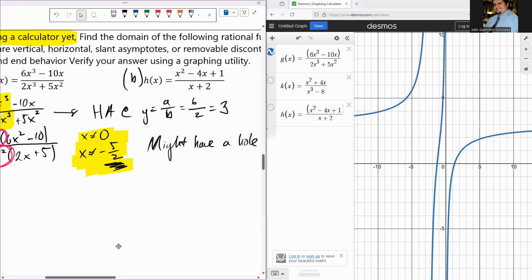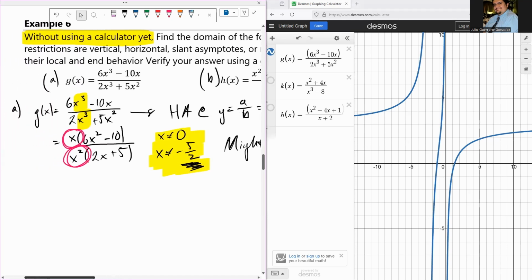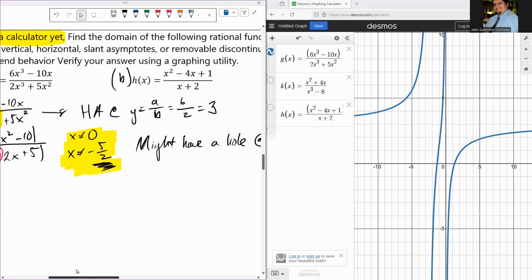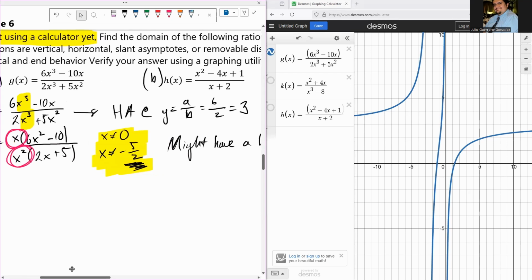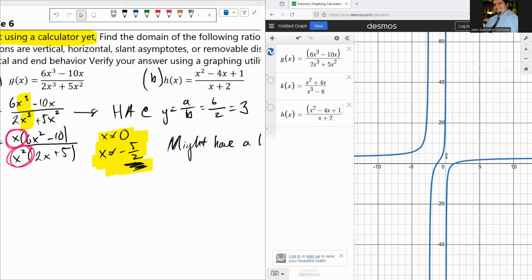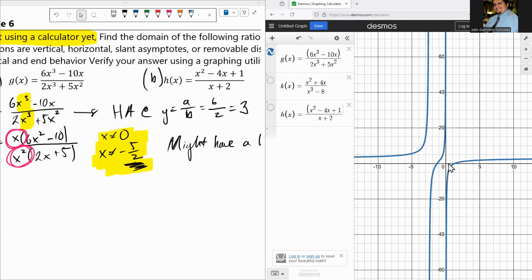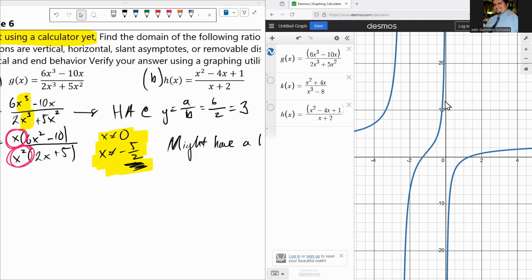And then according to the rest, right, we should have vertical asymptotes at 0 and at negative 5 over 2. Okay, and lo and behold, right, 0 has an asymptote. And then negative 5 over 2, that's going to be what? Negative 2.5, right?